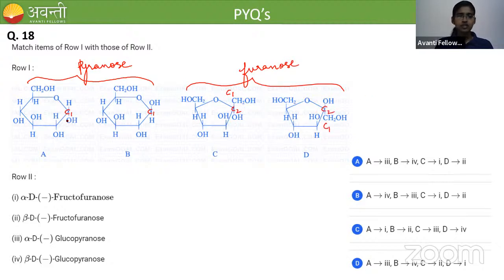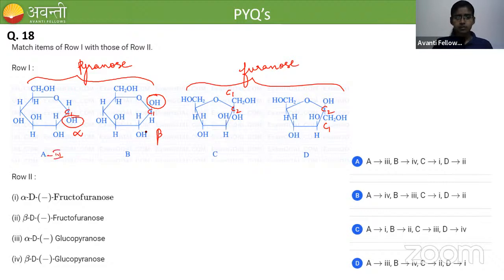In the first compound, you see OH lies at the bottom position, so it is alpha. If OH lies in the bottom position, it is alpha. If OH is located on the top position, it is called beta. So you could have got the answer by now. The first compound A is alpha-D-glucopyranose. The pyranose structure you can find in glucose, and furanose is present in fructose. So A is 3.